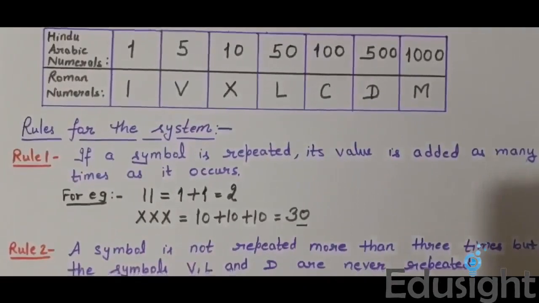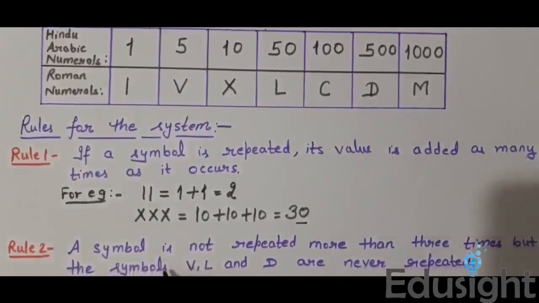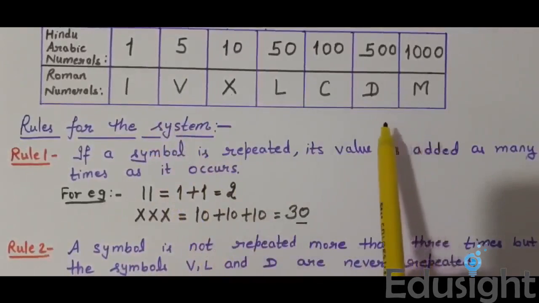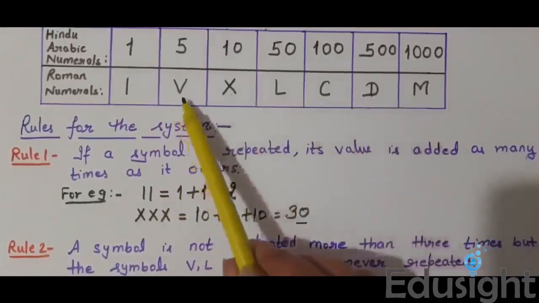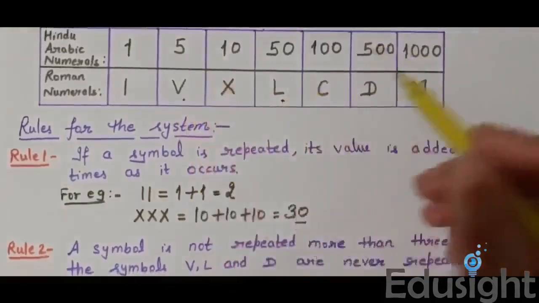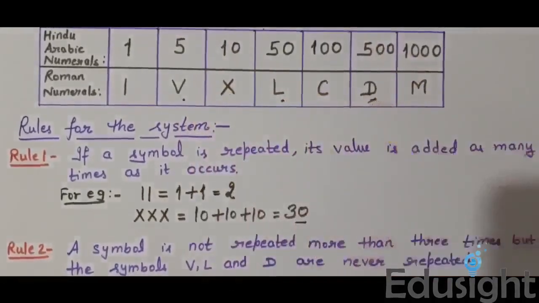The next rule is: a symbol is not repeated more than 3 times. But the symbols V, L and D are never repeated. See, there are 7 symbols, and from these 7 symbols, V, L and D are never to be repeated.